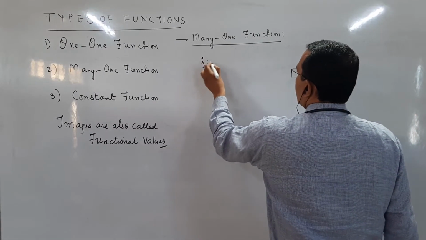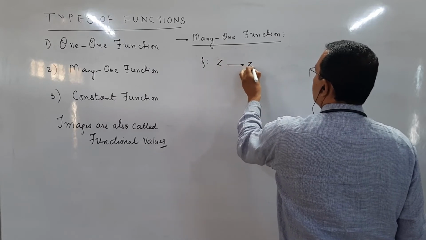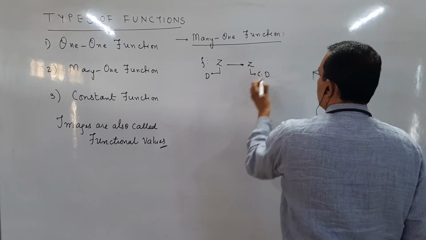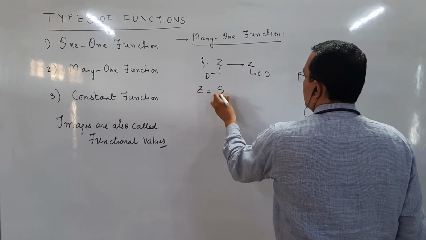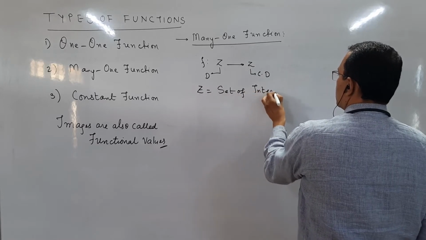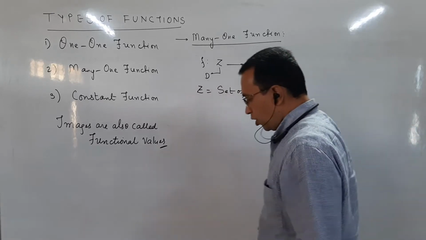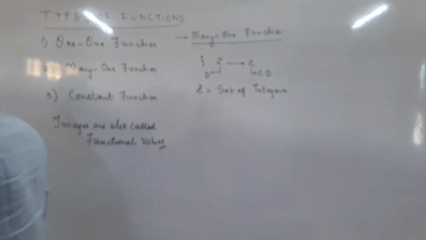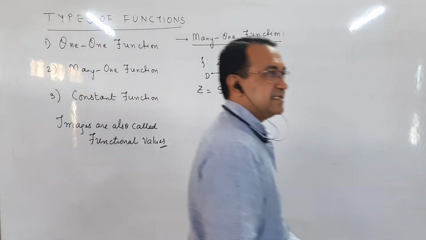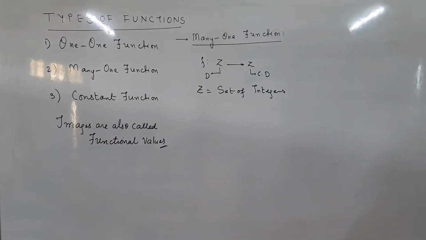Say f is a function defined from Z to Z. This is the domain and this is the codomain. Z is equal to the set of integers. This much I suppose all of you know. And if you don't know, then try to understand, students, what is Z? Z is nothing but the set of integers.